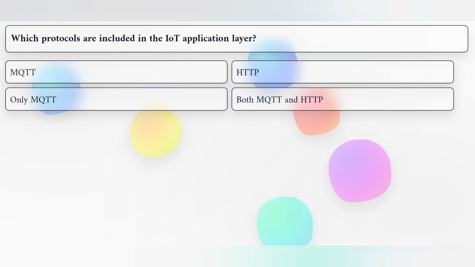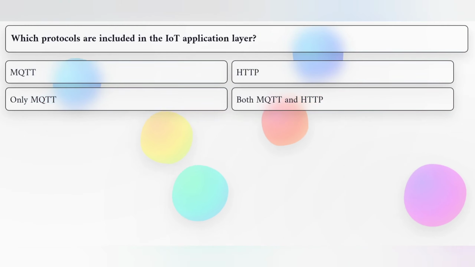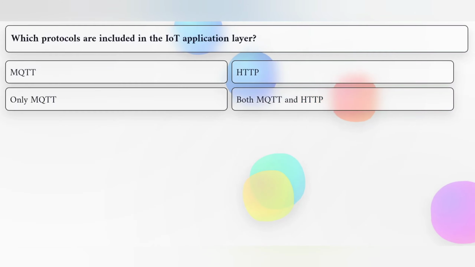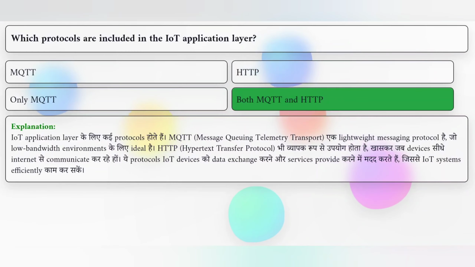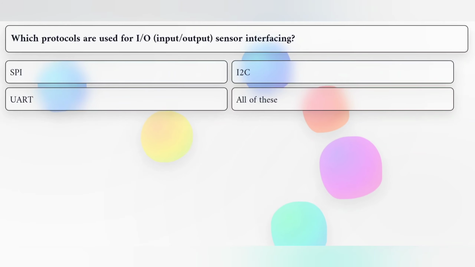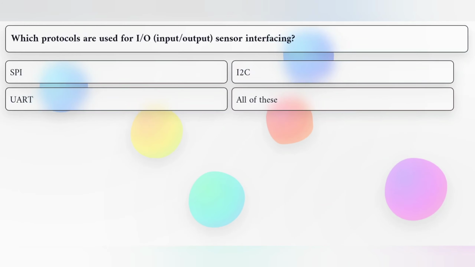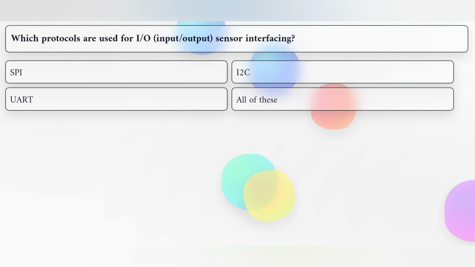Which protocols are included in the IoT application layer? MQTT, HTTP, only MQTT, both MQTT and HTTP. Which protocols are used for I/O input-output sensor interfacing? SPI, I2C, UART, all of these.